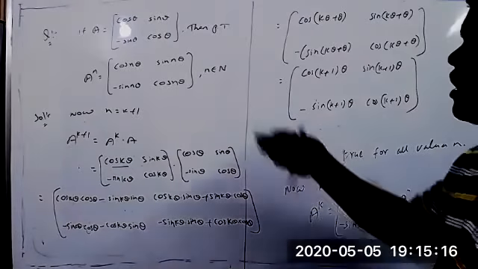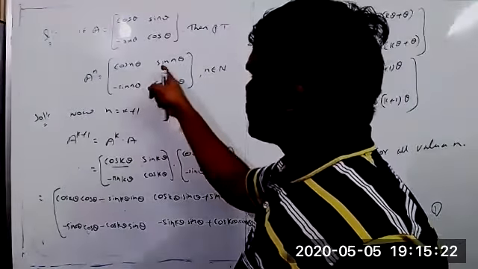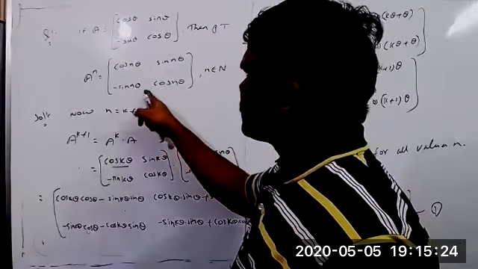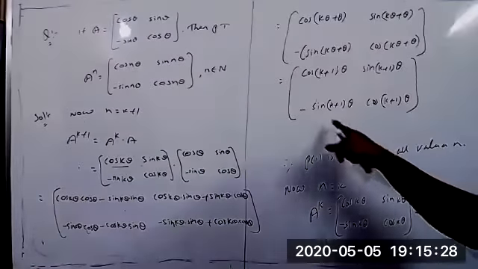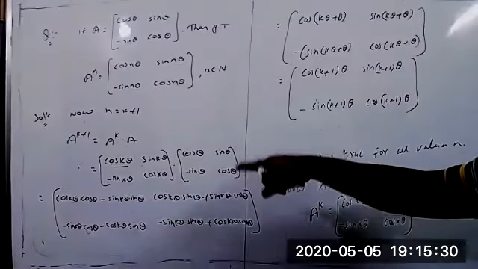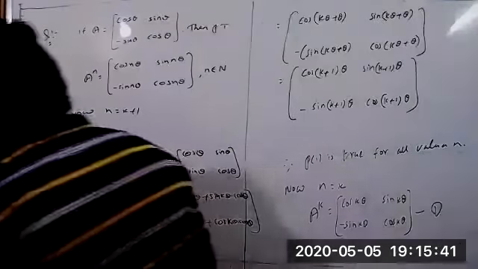But if you take any natural number, we get it in the form A power n equal to cos n theta sin n theta minus sin n theta and cos n theta. Then hence, by the principle of mathematical induction, the condition will be proved. It means A power n equal to cos n theta sin n theta minus sin n theta and cos n theta. The same condition you can write down.